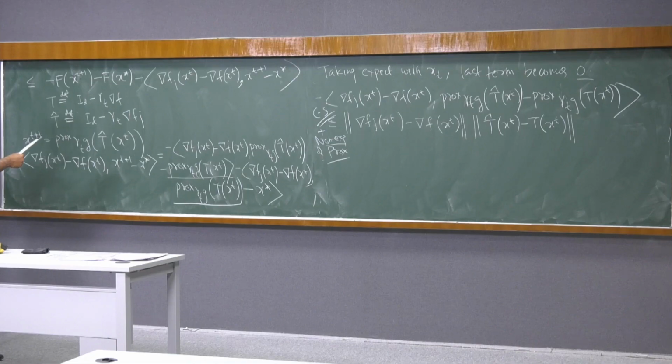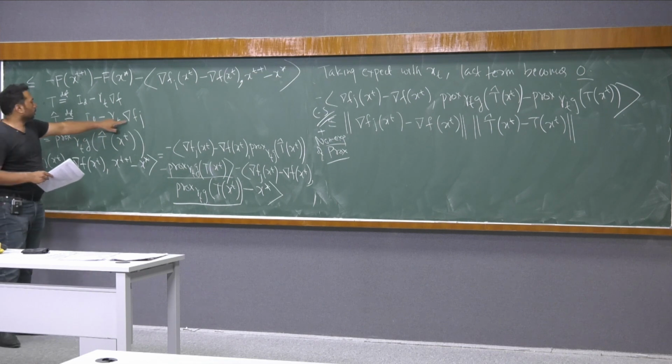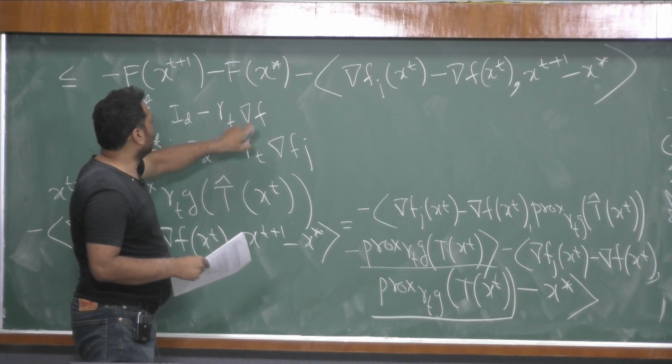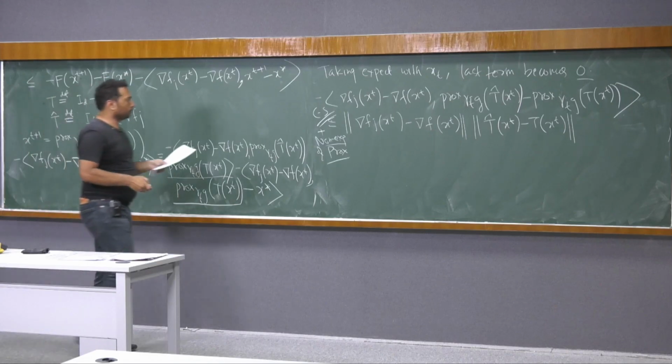So now if we look into T hat and T, does this remain bounded? Yes, because they get cancelled, since both are applied to x_t, so the identity gets cancelled. What you're left with is gamma_t, and let us say T hat is first, so gamma times grad f_j(x_t) minus grad f(x_t), which is also the first term. So overall it becomes a square with the gamma_t.